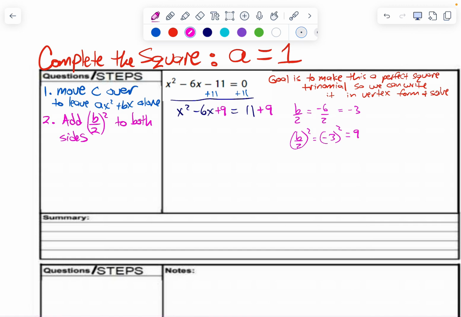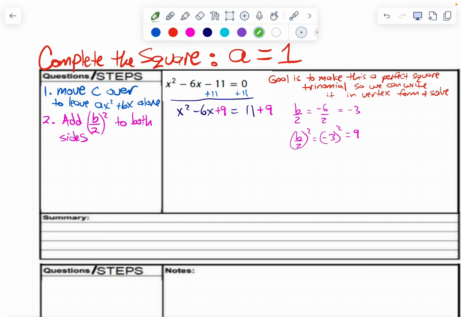Then we just do it on the other side so it stays balanced. Otherwise, we don't have an equation anymore. And I will tell you, this is always the same process. That's why I wrote it in the steps as b over 2. Whatever b is, you're always going to just divide it by 2 and square it and add it to both sides. Now, when a is not 1, that changes slightly, but let's just get there in a little bit.